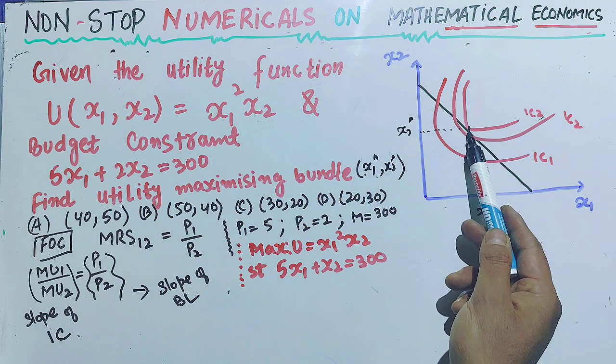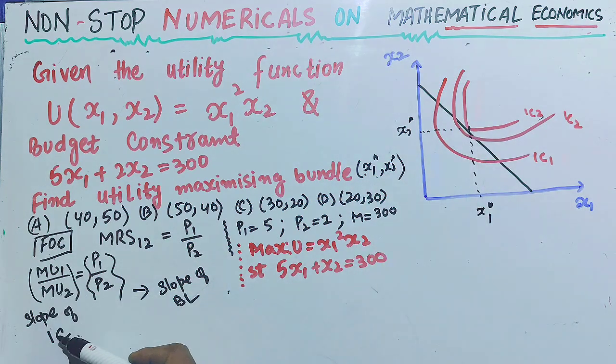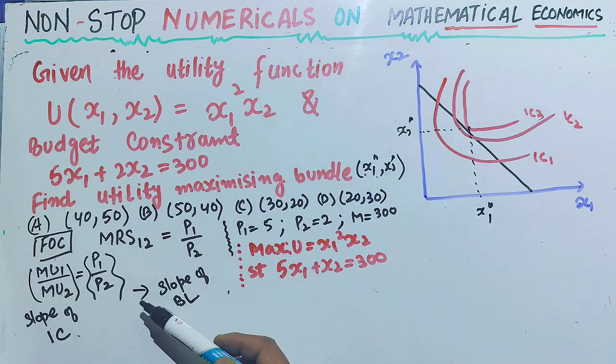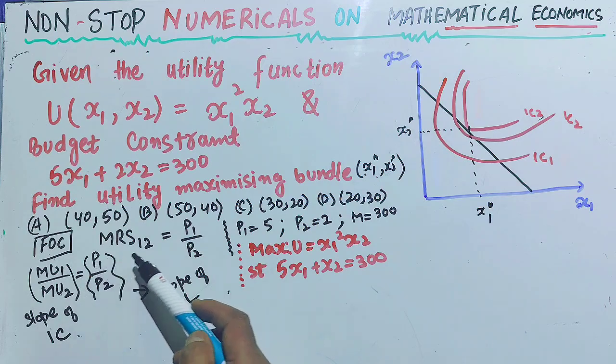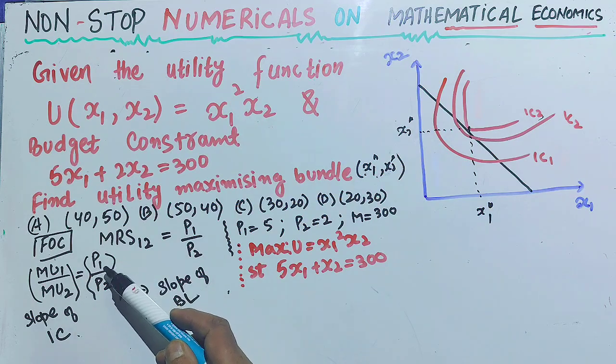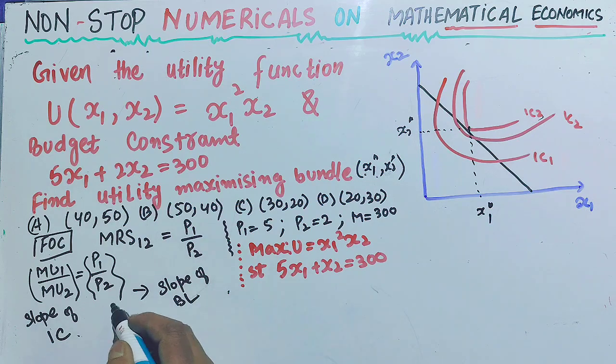At this point the slope of the indifference curve should be equal to the slope of the budget line. Slope of the indifference curve means the ratio of the marginal utilities of good x1 and x2, and slope of the budget line means the ratio of the prices of good x1 and x2.